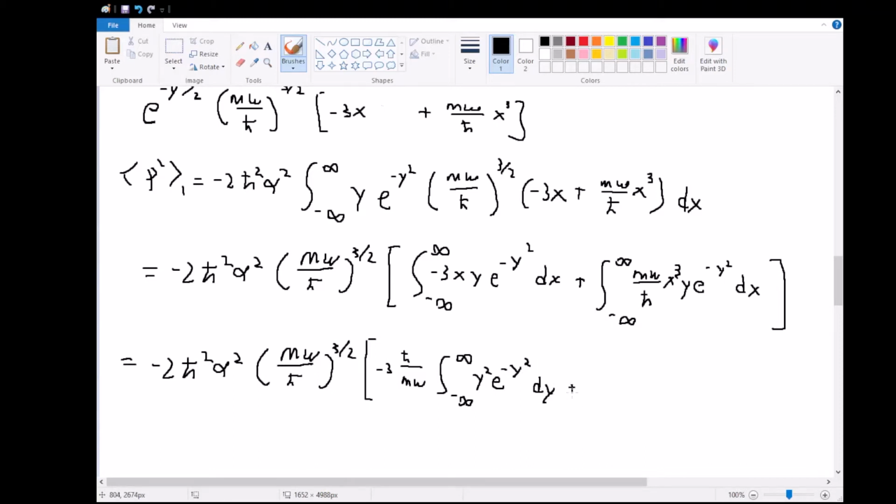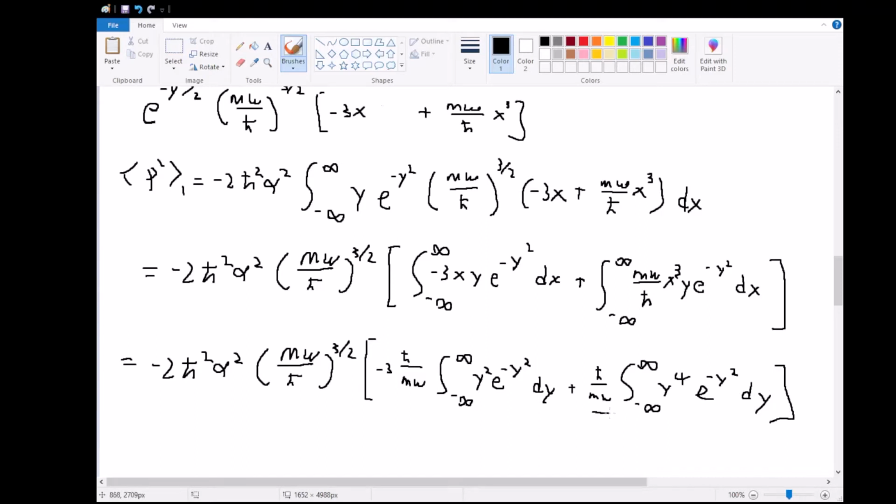and then added with, let's see, we have m omega over h bar, and then we have 3 x terms and 1 dx term, so this is going to be times h bar over m omega squared, and these two will cancel out, so we just get h bar over m omega, times the integral from negative infinity to positive infinity of y to the 4th times e to the negative y squared times dy.